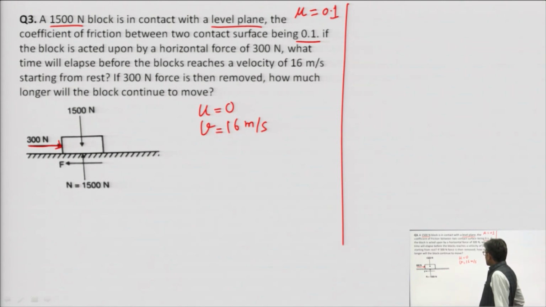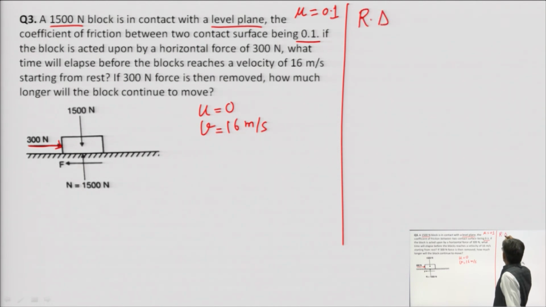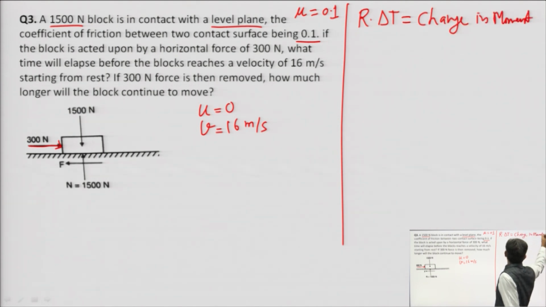So, if we apply change in momentum, R into delta t is equal to the change in momentum.